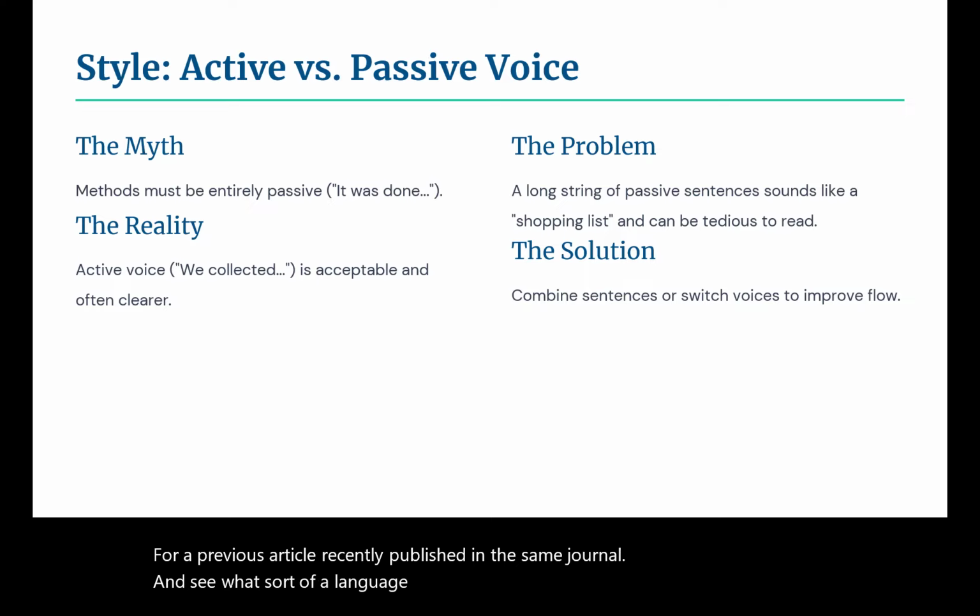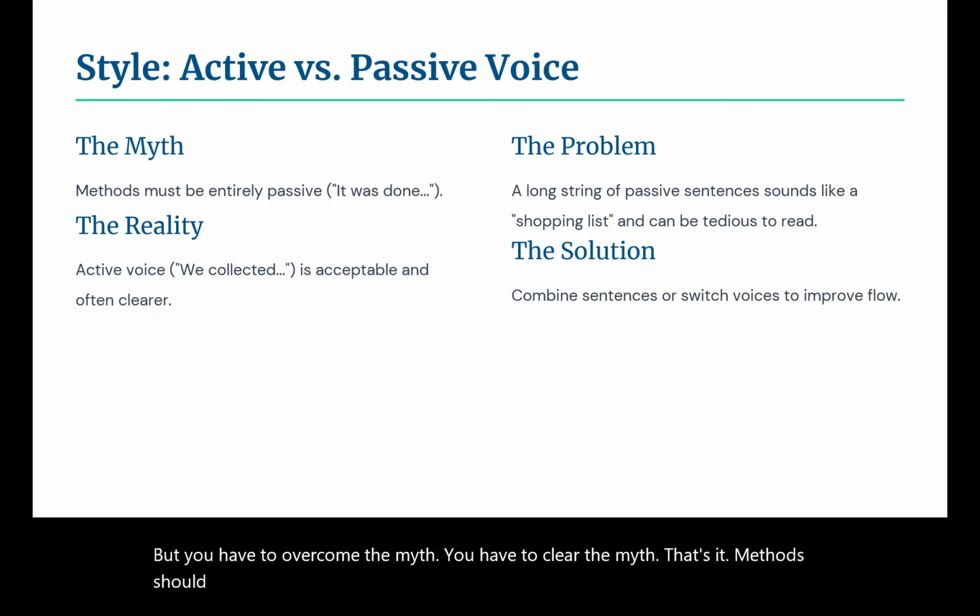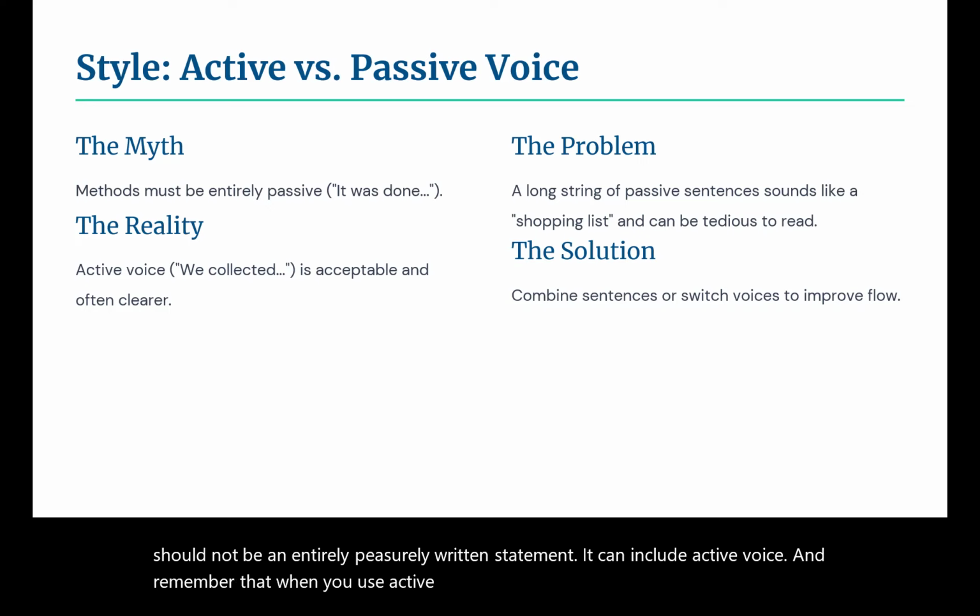That will give you the hint. But you have to overcome the myth. Methods should not be an entirely passively written statement. It can include active voice. And remember that when you use active voice, things are much clearer.